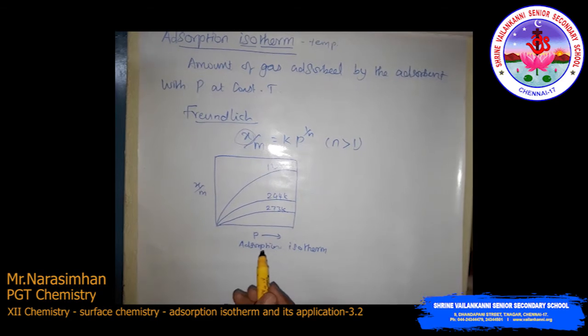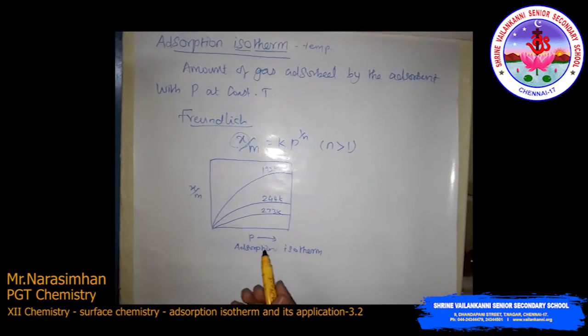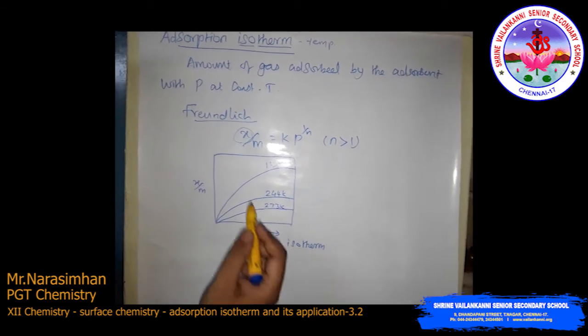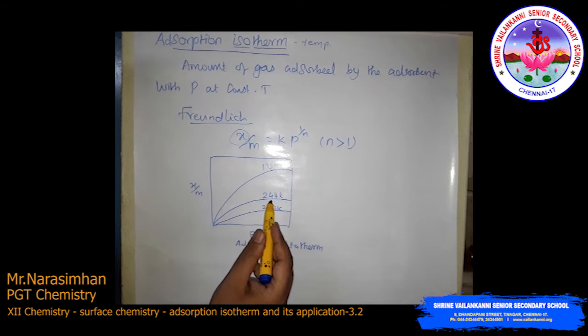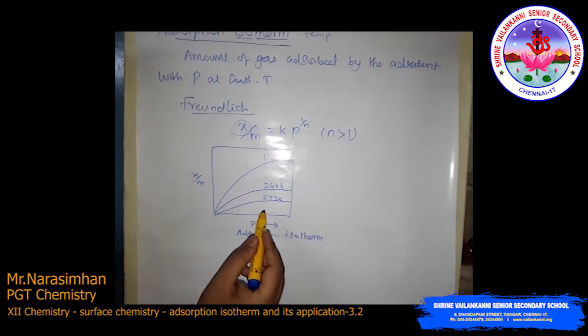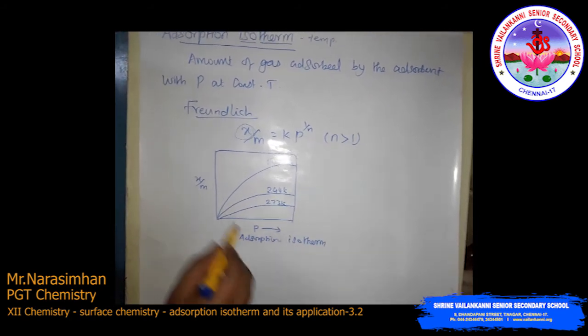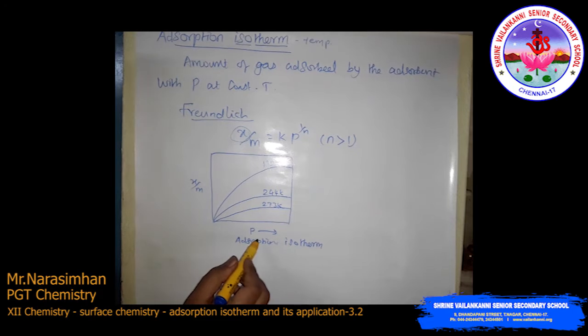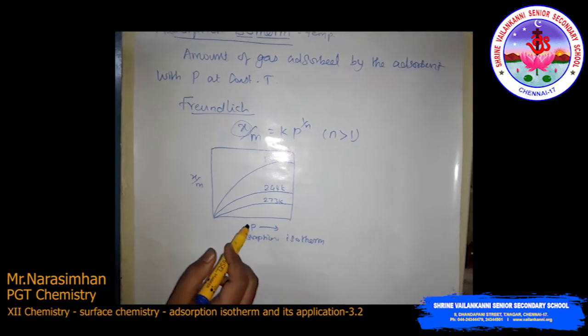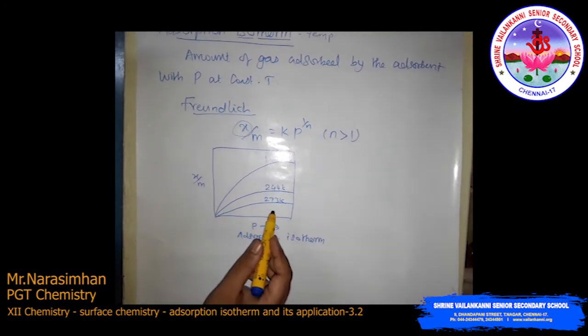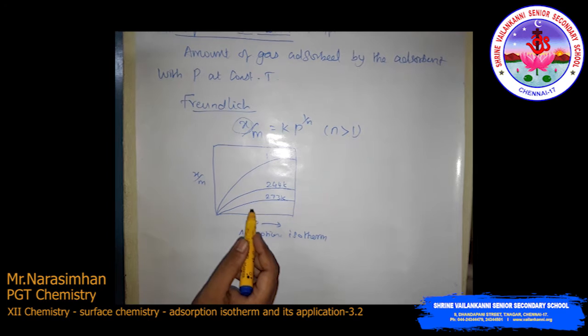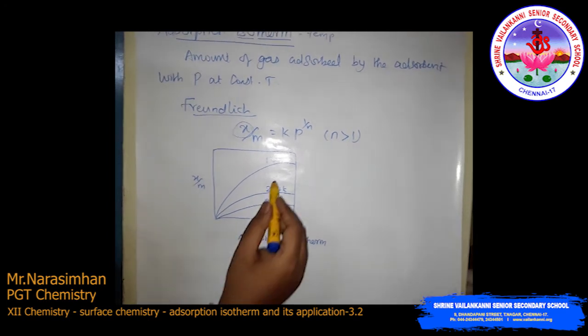The relationship is usually represented by a curve, where the mass of gas adsorbed per gram of adsorbent, x/m, is plotted against pressure. The main point is that physical adsorption decreases with increase in temperature.